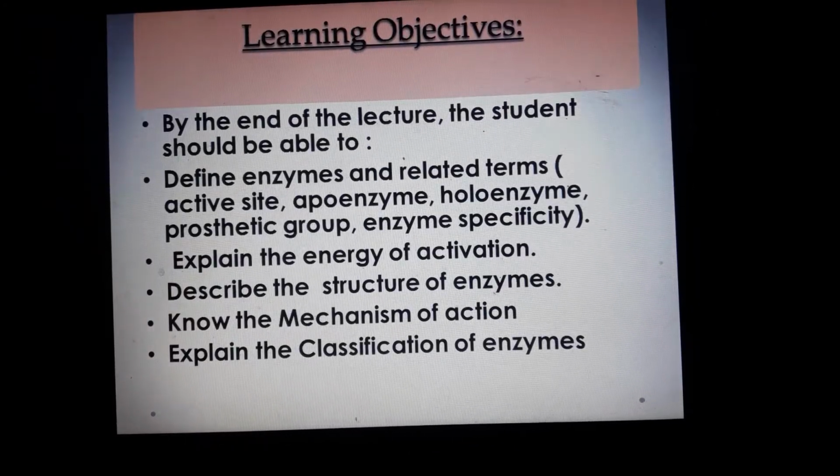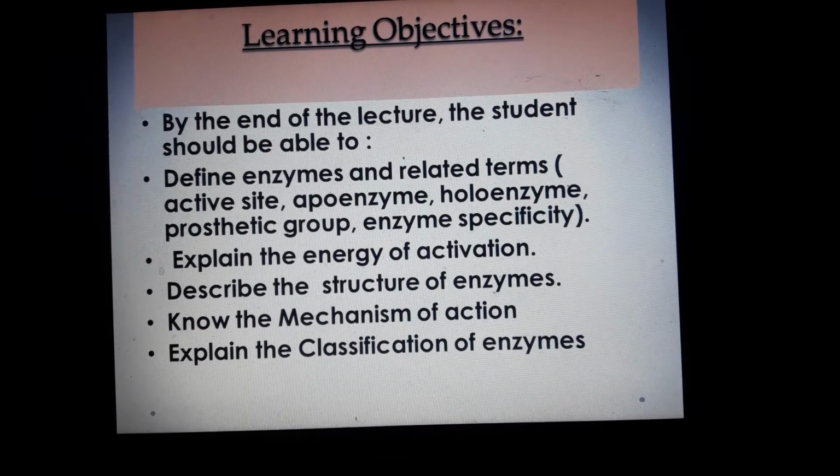Okay, so learning objectives: by the end of the lecture, the students should be able to, number one, define enzymes and the related terms. So we'll describe the active site, the apo enzymes, the holo enzymes, the prosthetic group, the enzyme specificity, and explain the energy of activation.